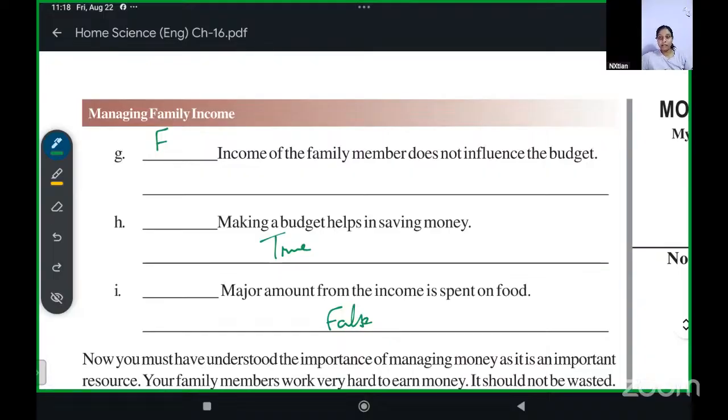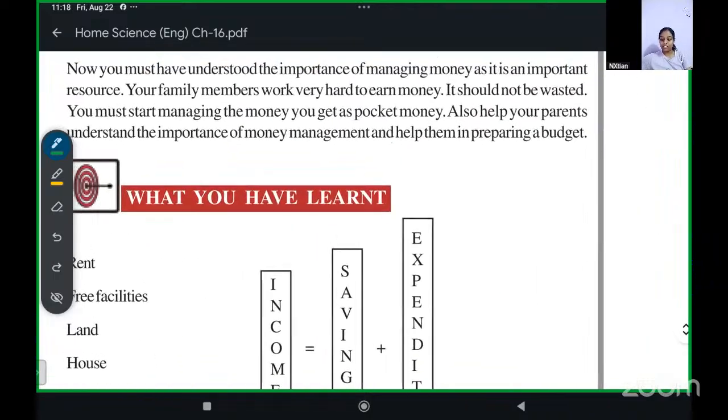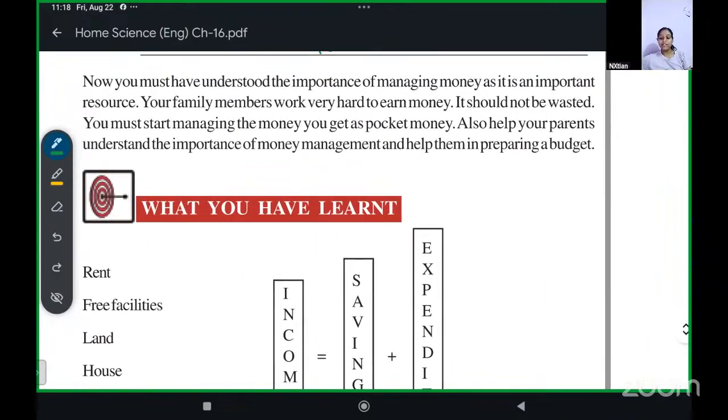But there are a lot of things besides food that people do with their income, like the house rent and the bills that require more money than food. So it depends.